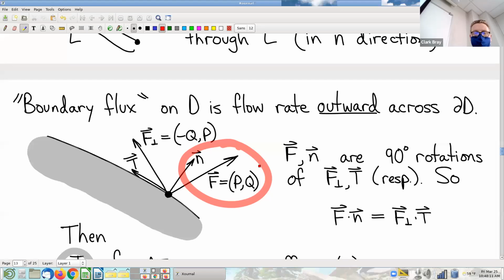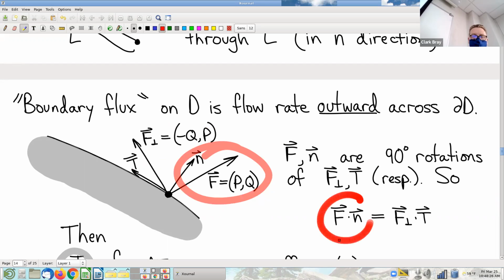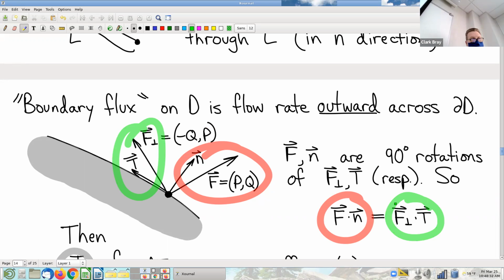I'm going to take each one of these vectors and rotate a quarter turn counterclockwise. When I do that, it doesn't change the dot product. I mean, this dot that and this dot that are the same thing. Keep in mind, the dot product is computed in terms of magnitudes and the angle in between.